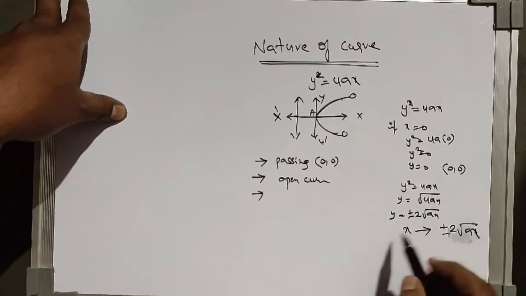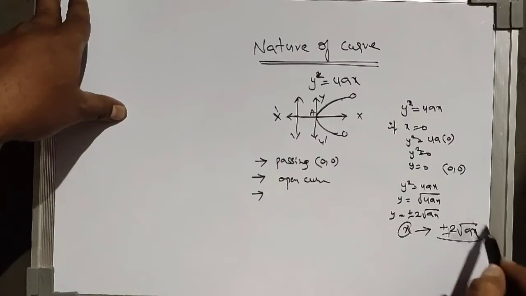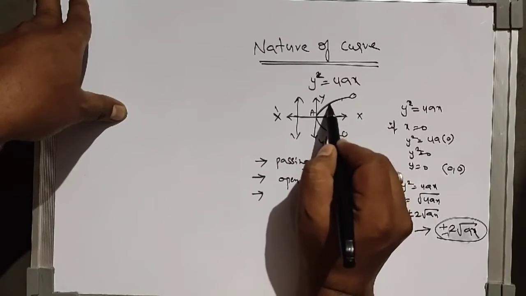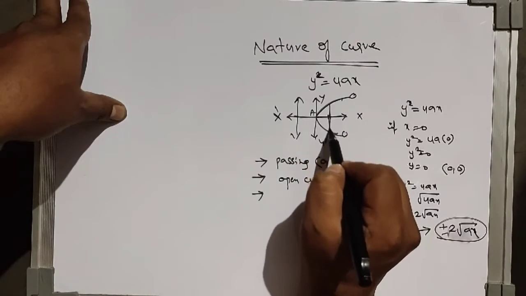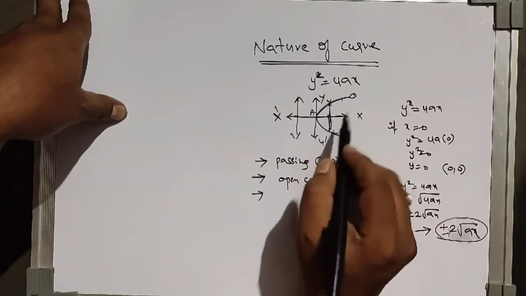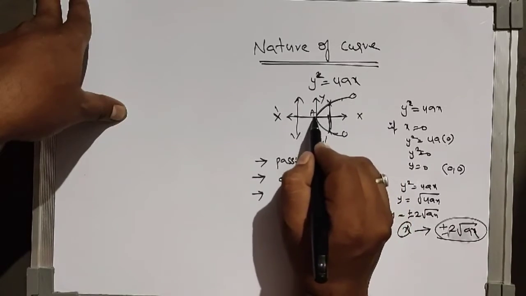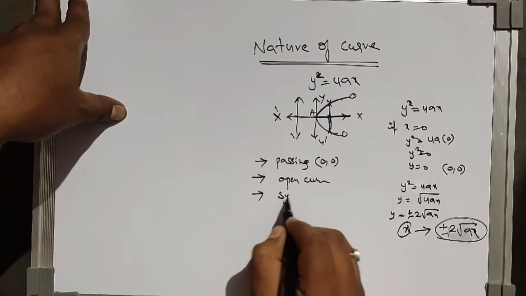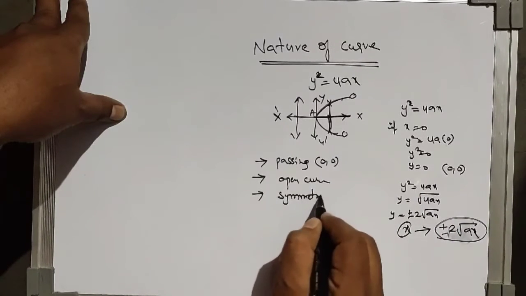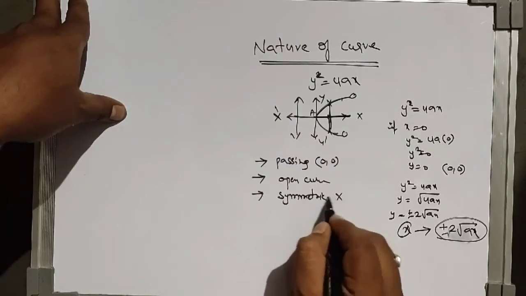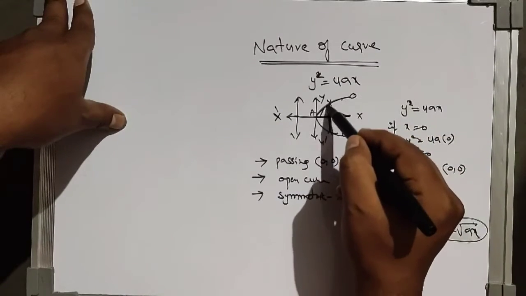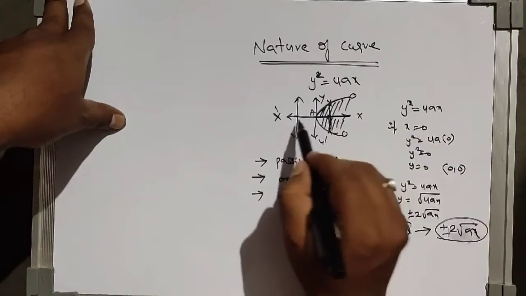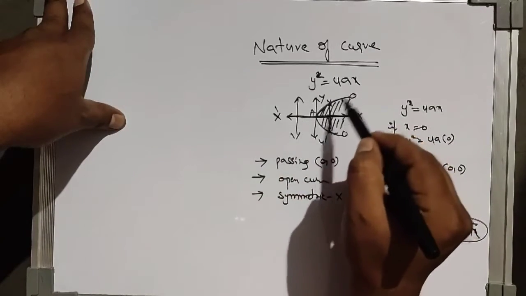So for any value of x we get two values of y, equal in magnitude and opposite in sign. That's why you can understand that the curve is symmetric about the x-axis. The upper part of this curve is the same as the lower part of the curve, therefore it is symmetric about the x-axis.